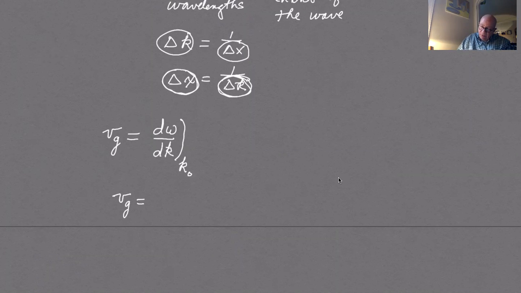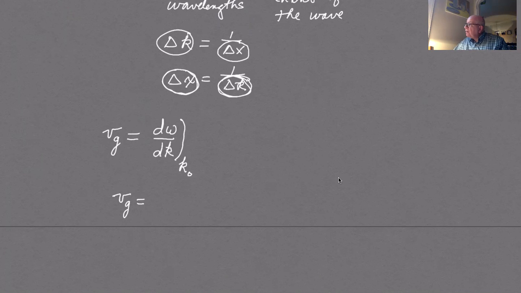So omega is actually a function of k. So we actually can write the following, right? And if you look in your textbook, it would be the top of page 168.